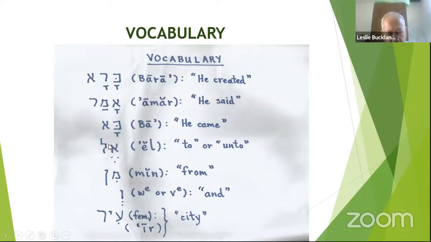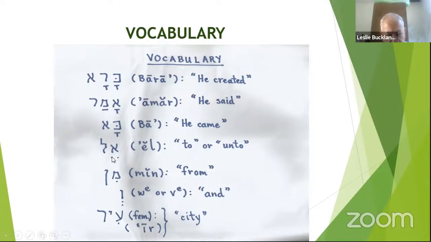Whenever you have Lamed before Aleph, and there is a holem over the Aleph, that is a Hebrew word that means not. And it is used when you are forbidding something permanently. Something is never to be done. But when you have the Aleph before Lamed and you have the vowel segol under the Aleph, it is the preposition to or unto. There's another use of Aleph Lamed.